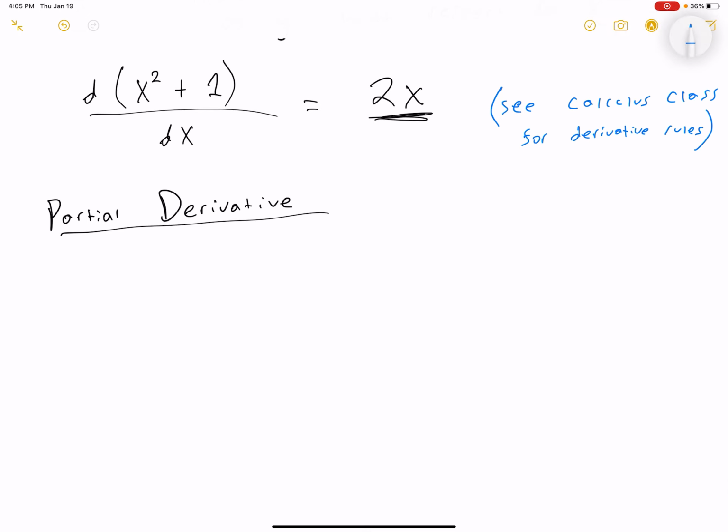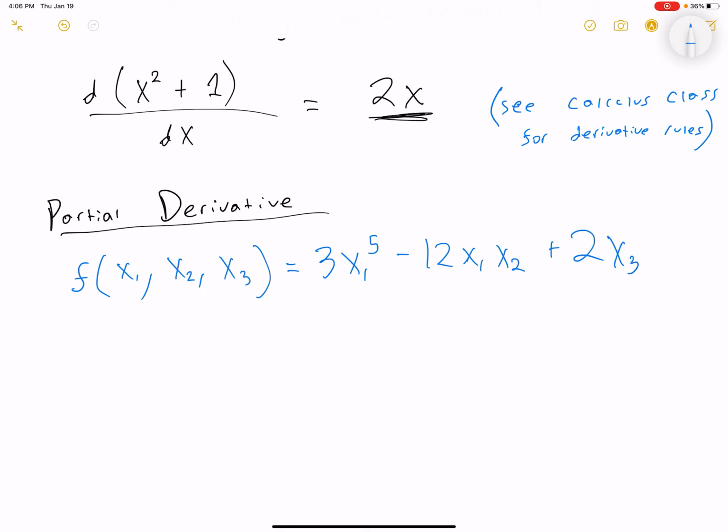So for example, if you have f of x1, x2, x3, a common situation in machine learning. So let's say that would be 3 x1 to the 5th minus 12 x1 x2 plus 2 x3, I'm just making up this equation, minus 5.